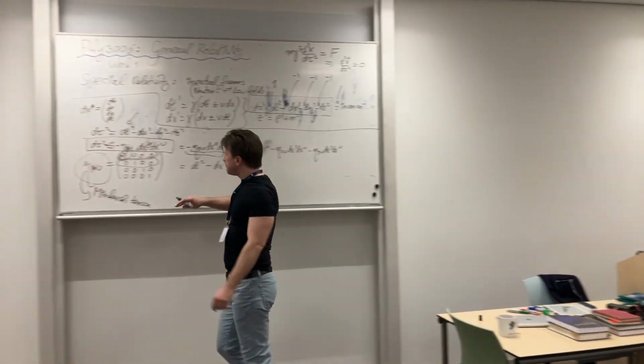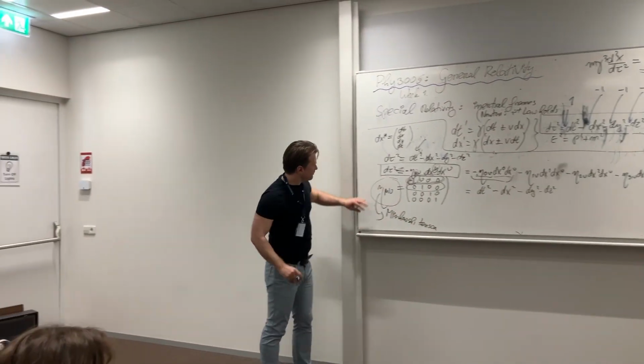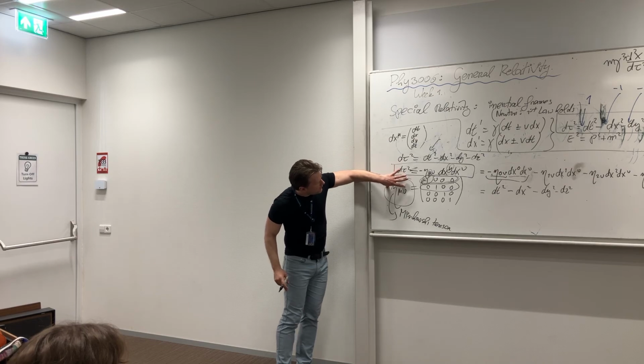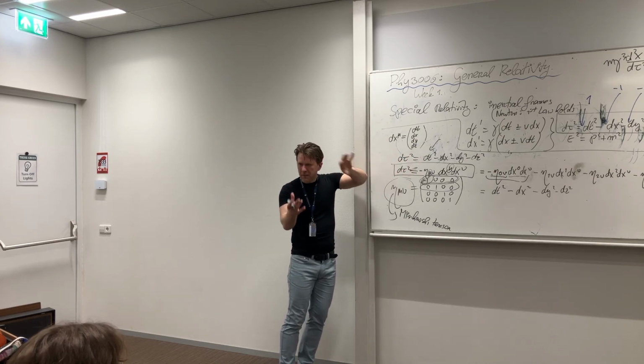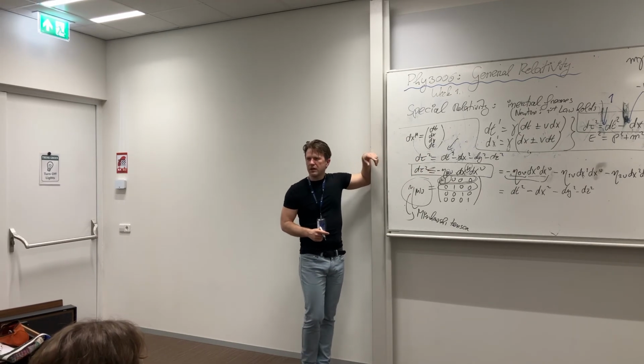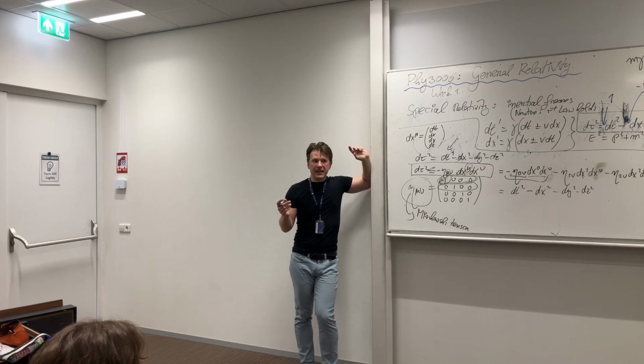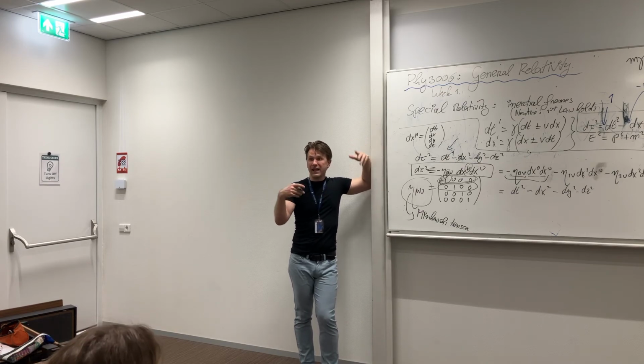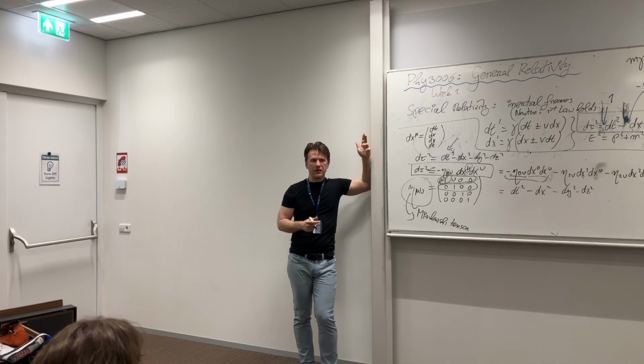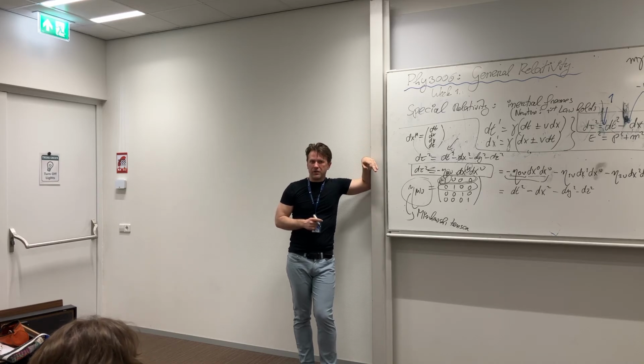More notation. This object plugged into here with the summing, this Einstein summation convention, that operation of taking an upper index and a lower index and adding together, that mathematical operation itself has a name. It's called a contraction. Again, it's just nomenclature, but I'm going to use it throughout the course.